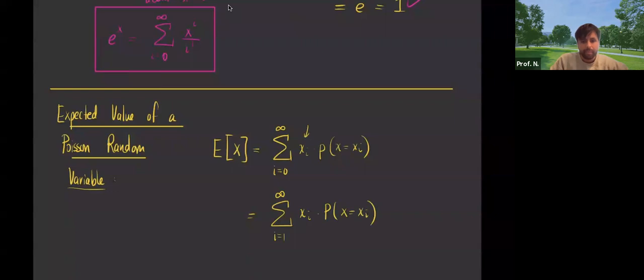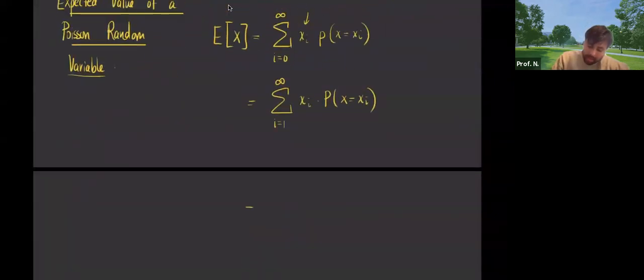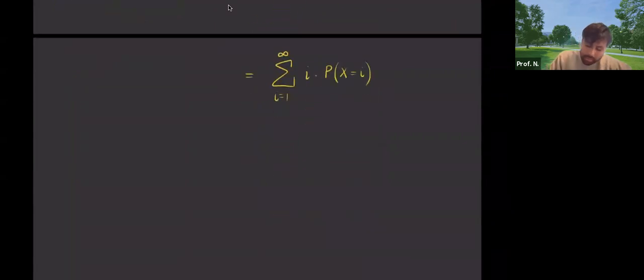Which in this case, I can just write as the summation of I multiplied by the probability of x equaling I, because that's what the values of x are: 0, 1, 2, dot dot dot. But then what does this equal? What is the PMF? It's e to the negative lambda of what?